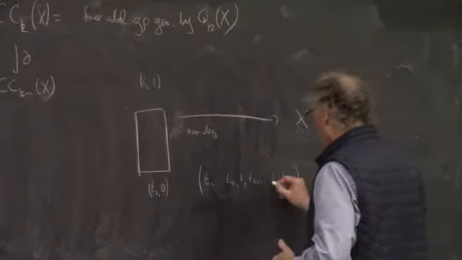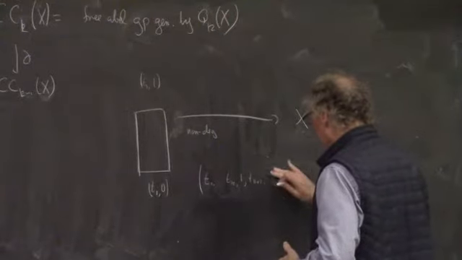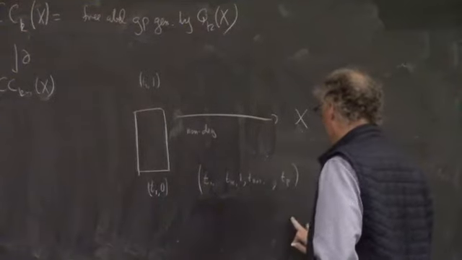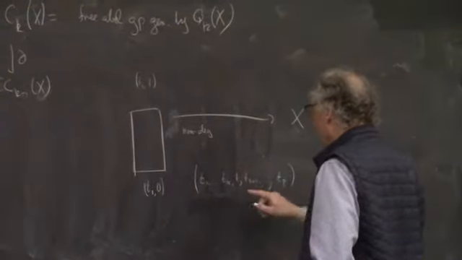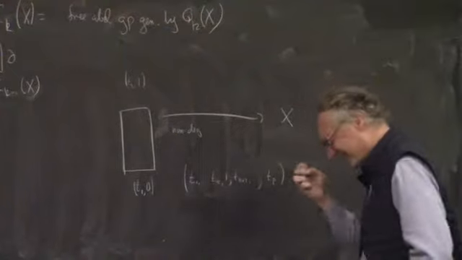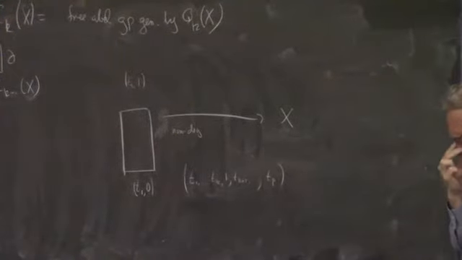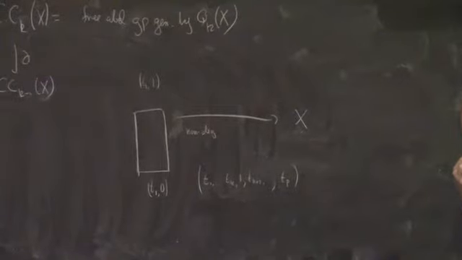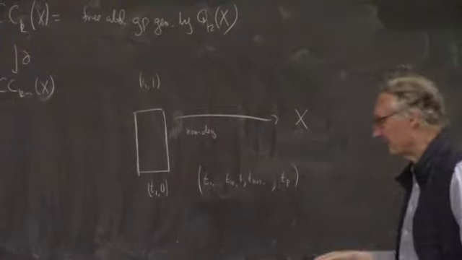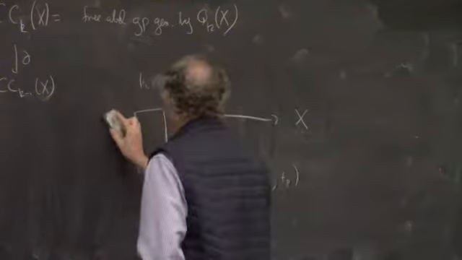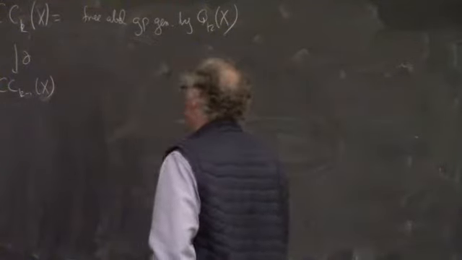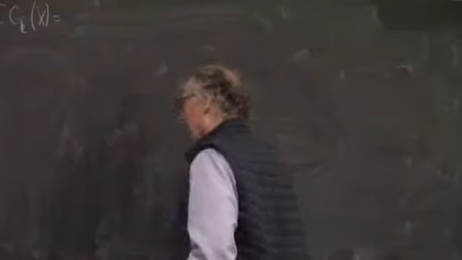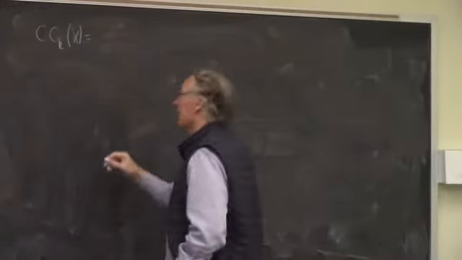So I claim if the original simplex, I see what I have to do. I didn't do this right. So this is not the free abelian group generated by the non-degenerate simplices.